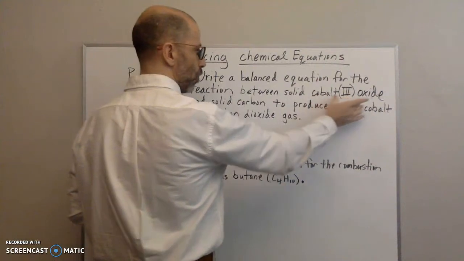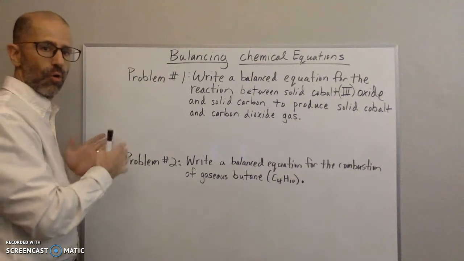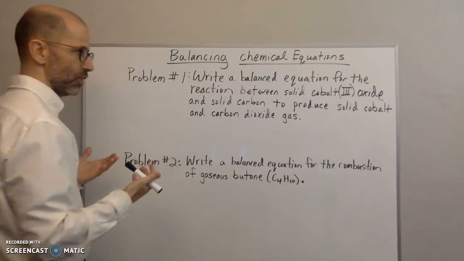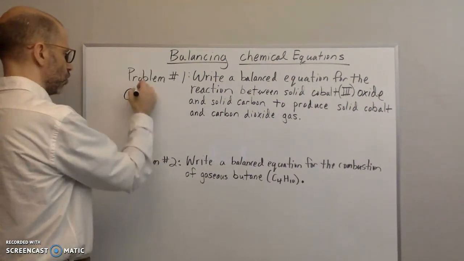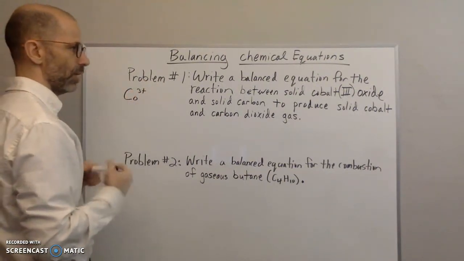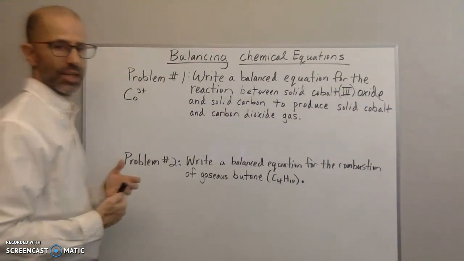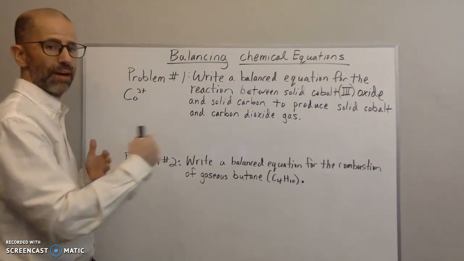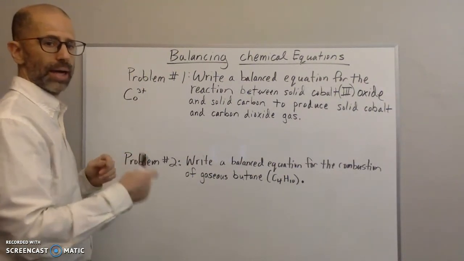Here I have cobalt-3 oxide. So I need to know how to go from the name to the formula. I know that the 3 is the charge on the cobalt, so if I write Co3+, that's my cobalt ion, cobalt-3. The oxide refers to oxygen, and the oxygen is in group 6. If I'm in groups 5 through 8, the rule to find the charge is the group number minus 8.